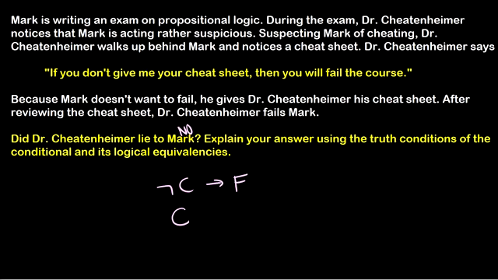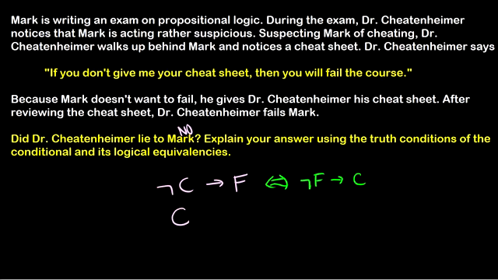Now, what does that imply? Well, what's not C arrow F equivalent to? It's contrapositive, right? So not C arrow F is equivalent to not F arrow not not C, or in other words, not F arrow C.